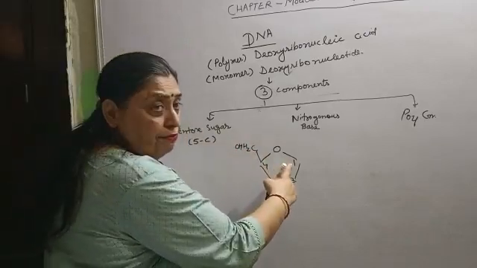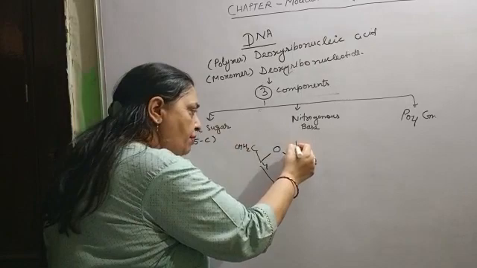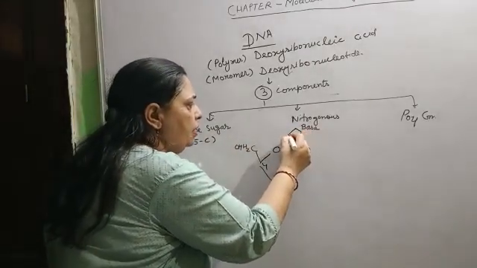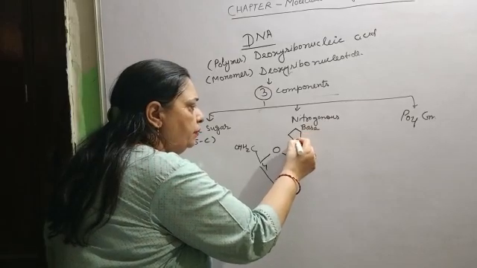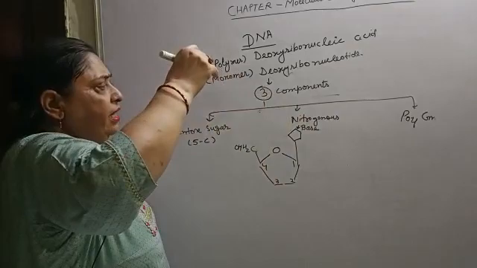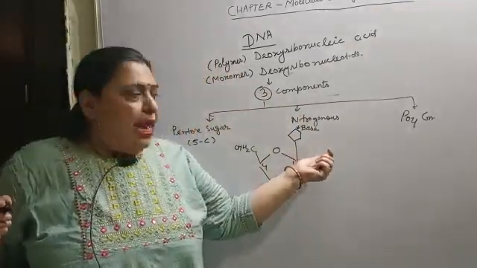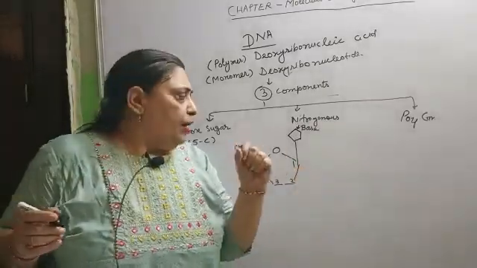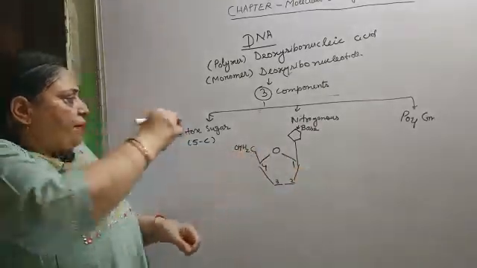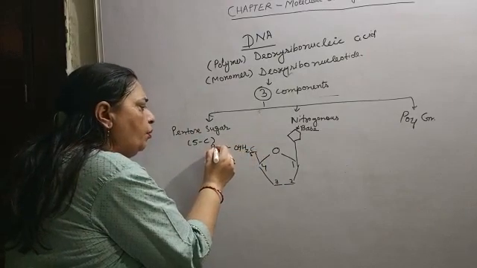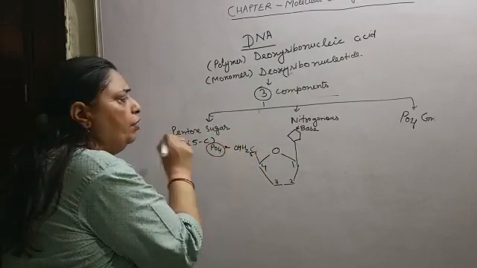Now this is the first carbon, and with the first carbon the nitrogenous base will join. So this is the nitrogenous base, and it will add to the first carbon of the pentose sugar. This is the 5th carbon, and to this 5th carbon the phosphate group will add.